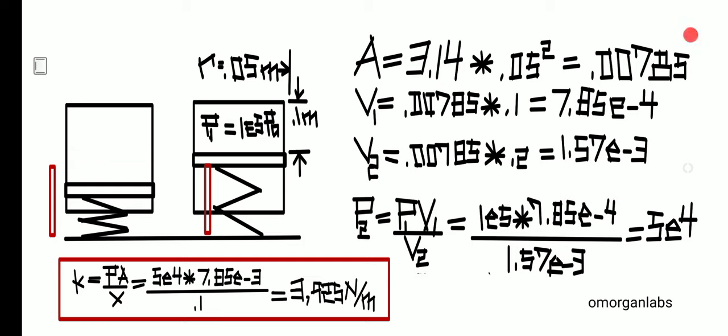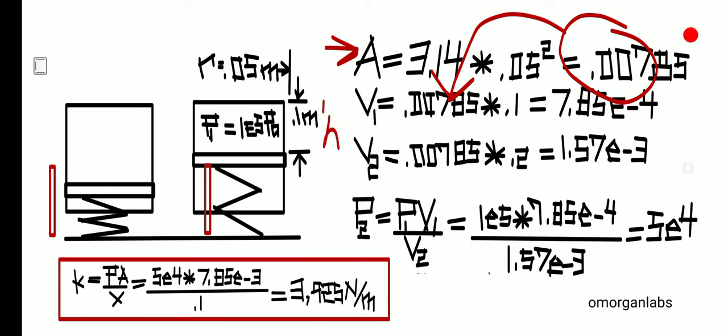So we find the area, pi r squared, to be 0.00785. And then we use that to find the volume at V1, which is pi r squared times 0.1. That's your height over there. Okay. And we get 7.85 times 10 to the minus 4.